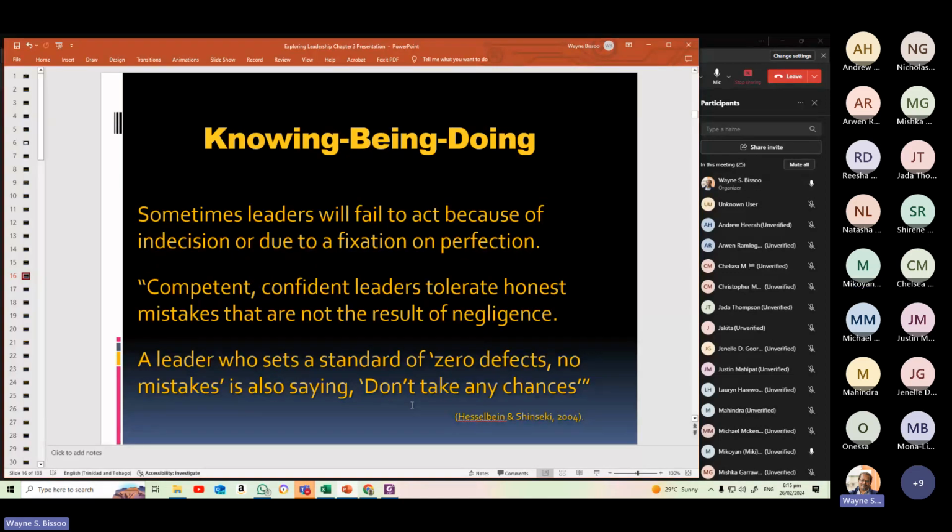Now that is a dangerous activity that some leaders get into, because one, it means that you're unwilling to take risks, and because you don't take chances, you're not going to tolerate anybody else making mistakes.